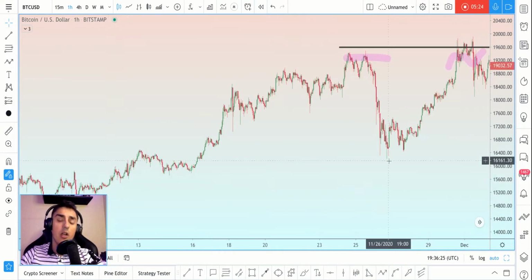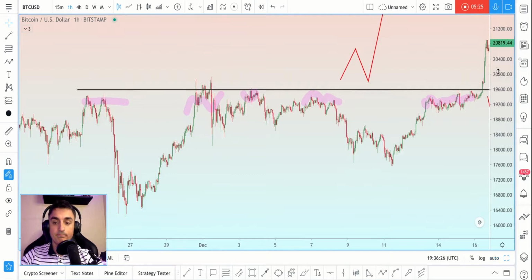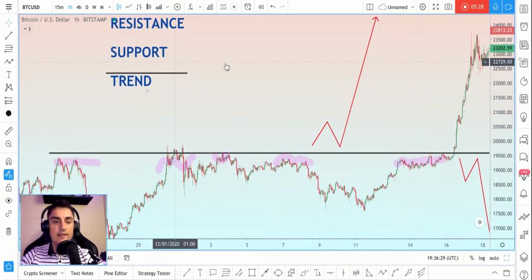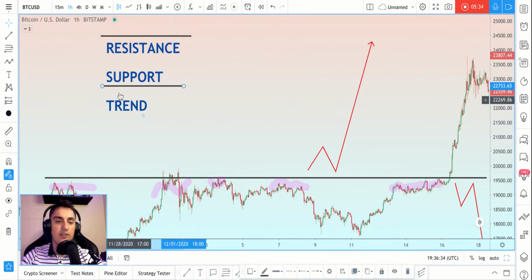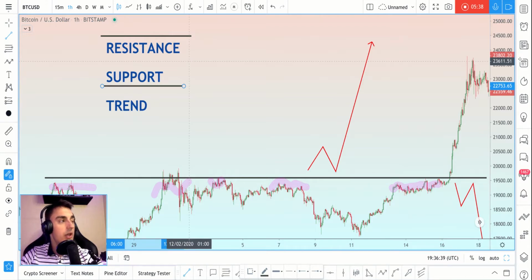Let's talk about the trend. The trend by itself is a little bit more complicated than resistance and support, first of all because a trend has some kind of angle.